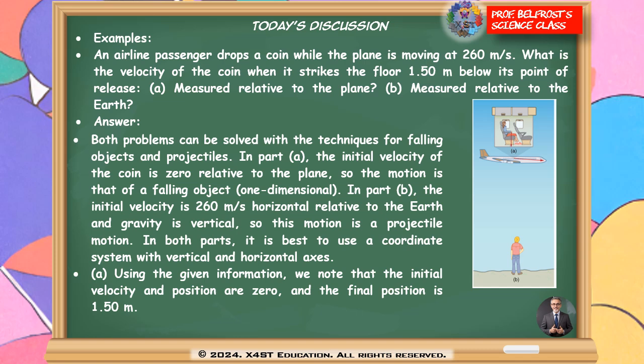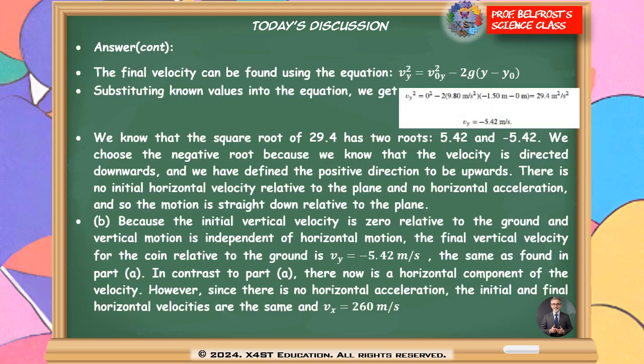So for A, we can make use of this formula to find Vy, and the square root of 29.4 actually has two solutions, but we pick -5.42 because we know that the velocity is directed downwards, and this is the solution that makes sense.